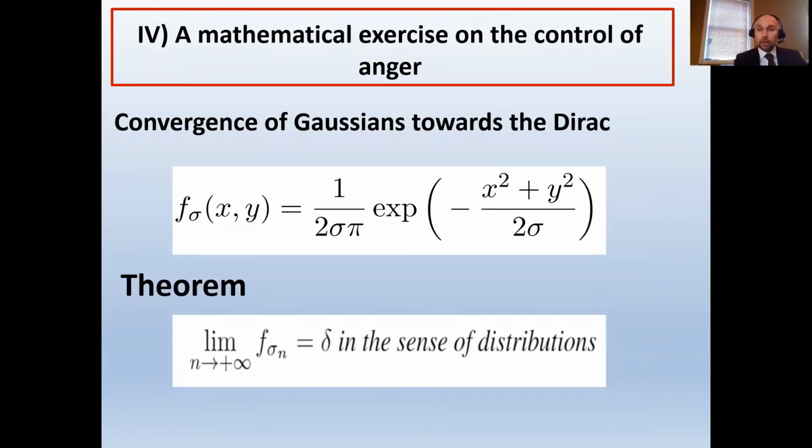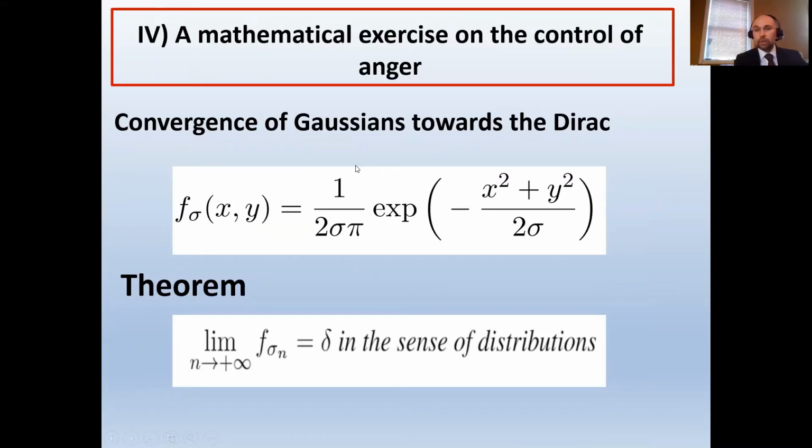It's just a sequence of Gaussians that are converging to the Dirac distribution. This is a classical Gaussian in R2.